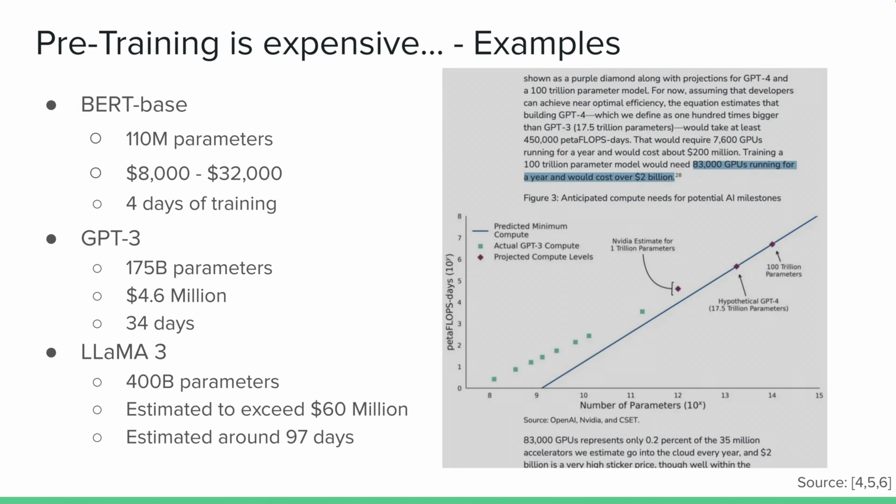For instance, on the right, you can see a graph illustrating the relationship between the number of parameters and the computational effort in petaflop days required for training. For context, training a 100 trillion parameter model, a hypothetical milestone, could require 83,000 GPUs, running for a year, costing over $2 billion.